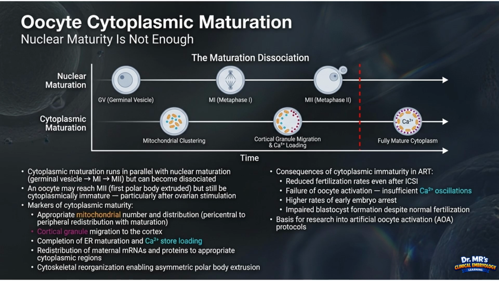Early embryo arrest occurs at higher rates because the cytoplasmic provisions are inadequate for sustained development. Blastocyst formation rates are impaired despite normal fertilization morphology. These patterns are frustrating because they mimic the clinical phenotype of poor quality gametes without any obvious morphological warning sign on the day of intracytoplasmic sperm injection.